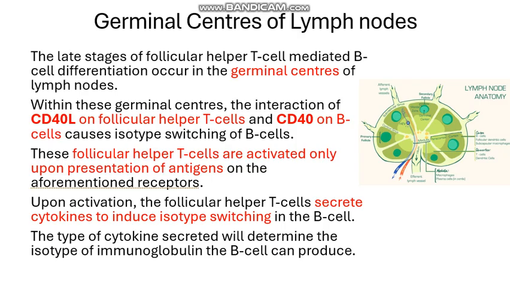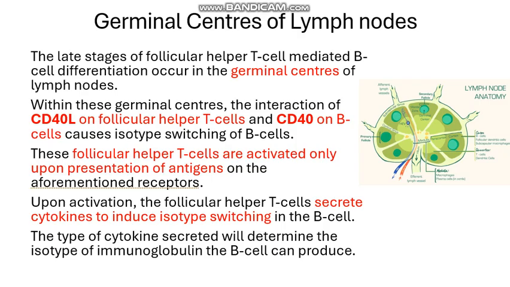And going into a bit of depth about this interaction, basically the CD40L receptor on follicular helper T cells presents an antigen and interacts with the CD40 receptor on B cells, which causes the isotype switching of the immunoglobulin molecules.